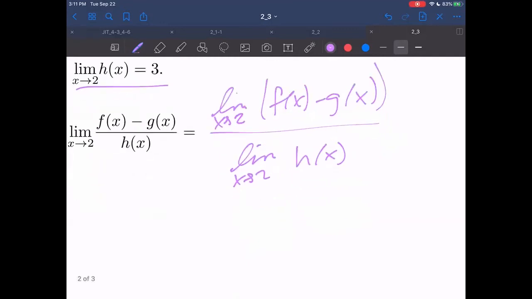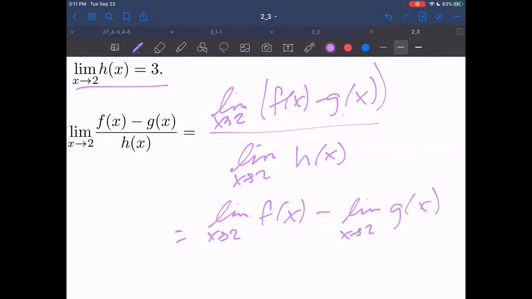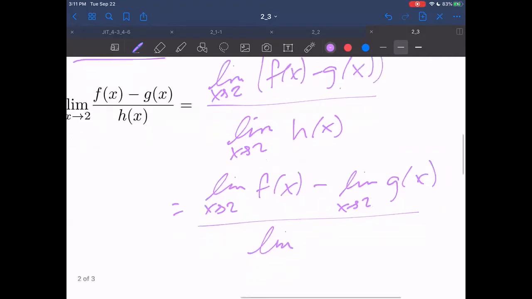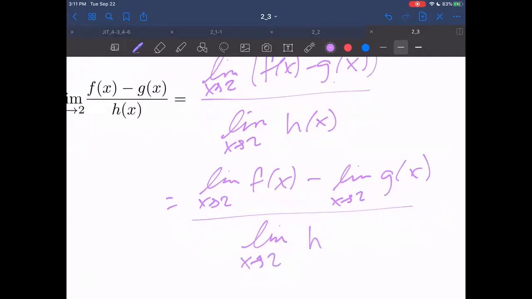And then we can split that over the difference. So the limit as x approaches 2 of f of x minus the limit as x approaches 2 of g of x over the limit as x approaches 2 of h of x.